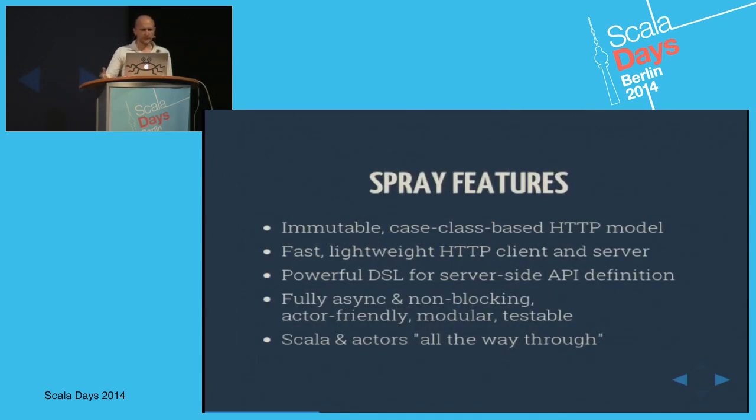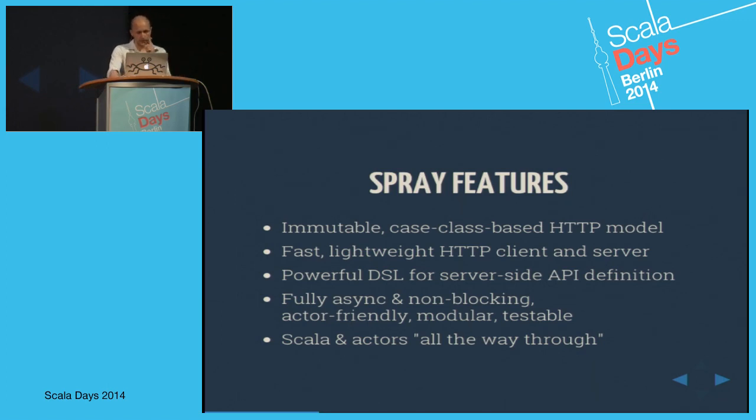So the core features, just one chart on what features Spray delivers. One core is an immutable case-class-based HTTP model. That's a lot of things. If you've worked with Spray, you know that we have tons of classes that model everything that you need when you work with HTTP, like media types and content types and charsets and encodings and all those things.